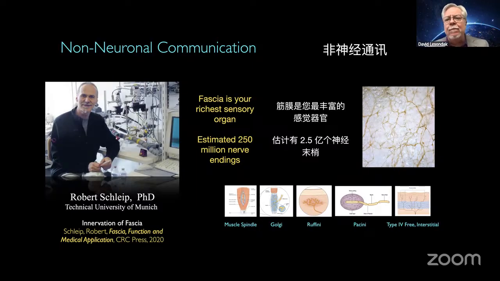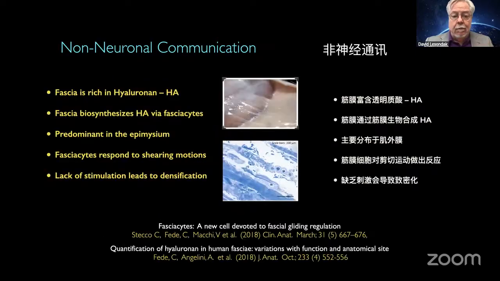They're all the same thing. Your eyes are the next in line at 200 million nerve endings. Think about how small your eyes are and how tiny that has to be. But throughout your whole fascial system, your collagen matrix, you've got an estimated 250 million nerve endings.